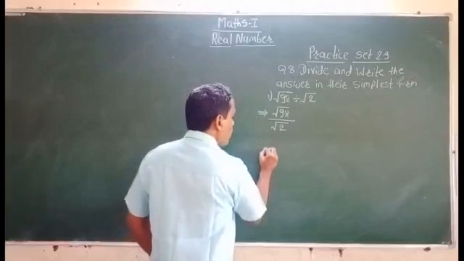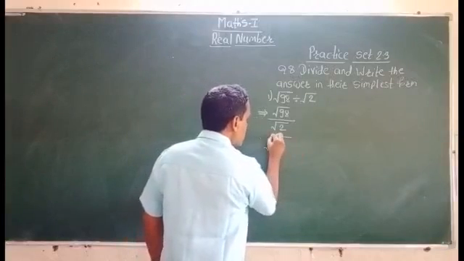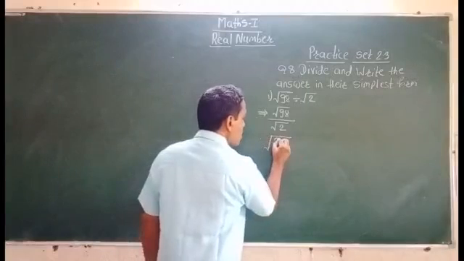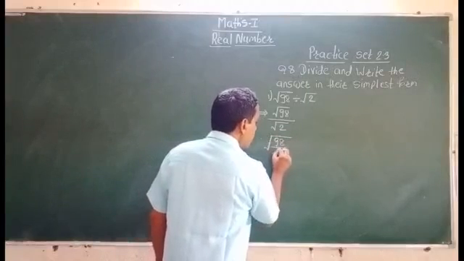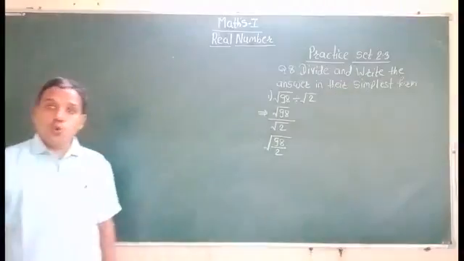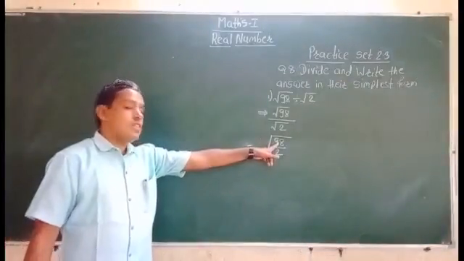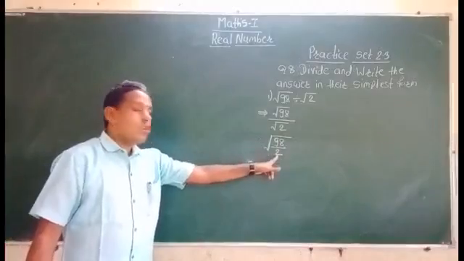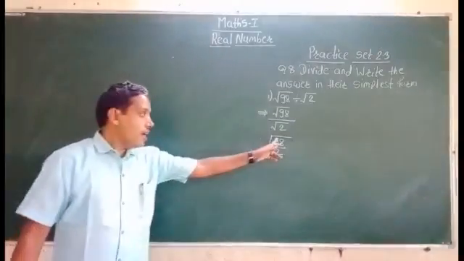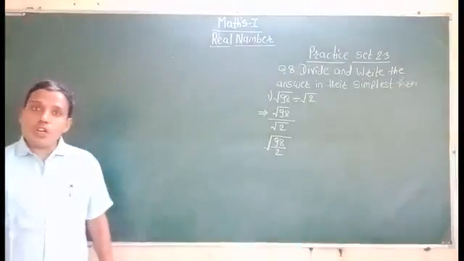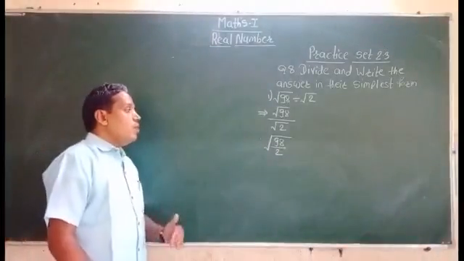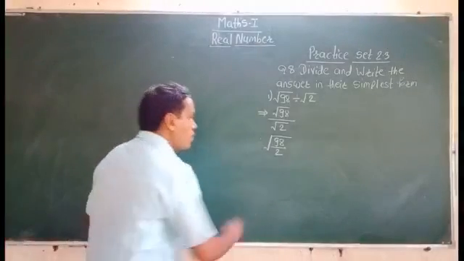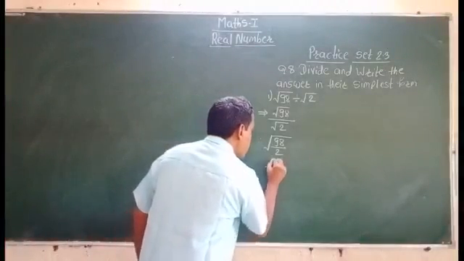So we write both surds under one common surd, surd of 98 upon 2, where 98 is the numerator and 2 is the denominator. 98 is completely divisible by 2.